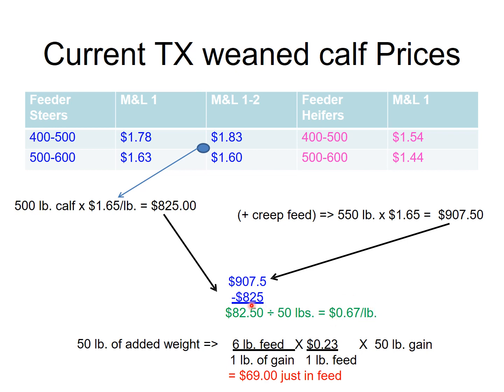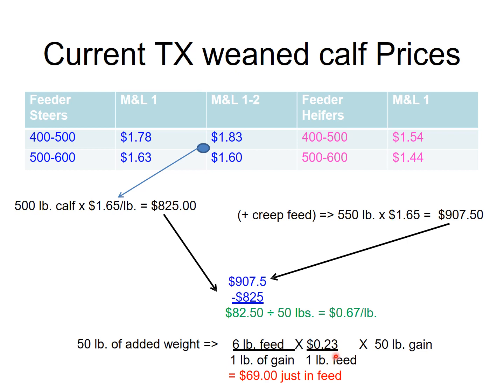So, no doubt we made another $82.50 from this creep-fed calf. But remember, it took 6 pounds of feed to get a pound of gain, and it cost us 23 cents for every pound of feed, times 50 pounds of gain. Okay? So feed cancels with feed, gain cancels with gain. We're left with dollars.